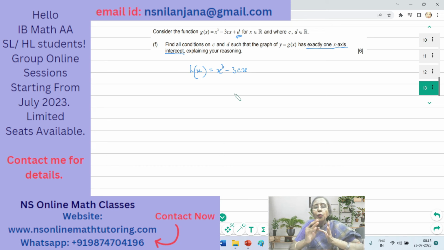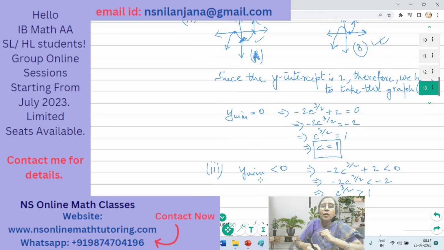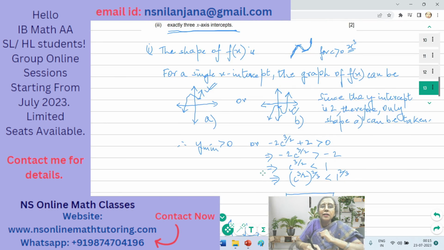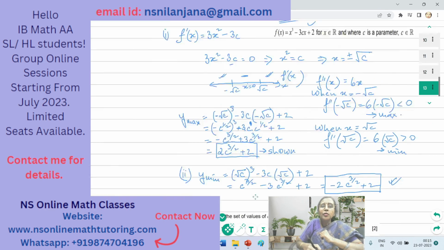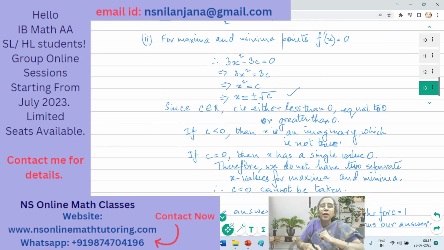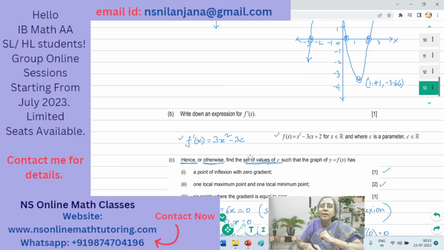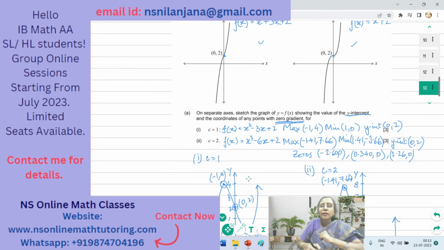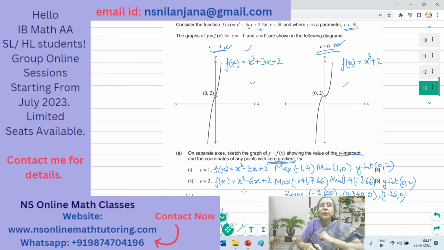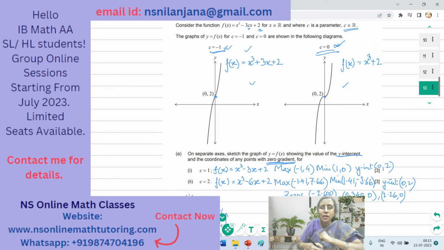Clear? So, we are seeing that for c equal to -1 and c equal to 0, these are the two graphs that they have given us.